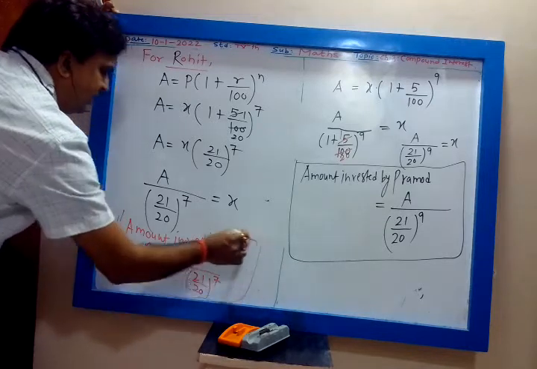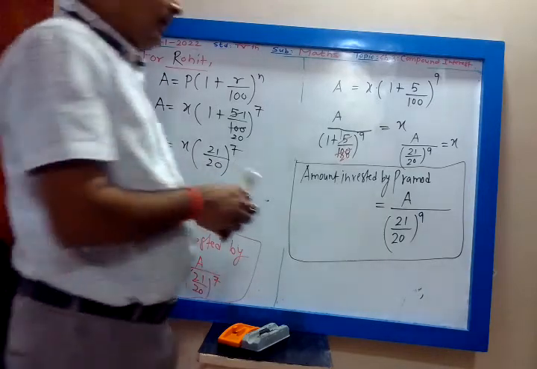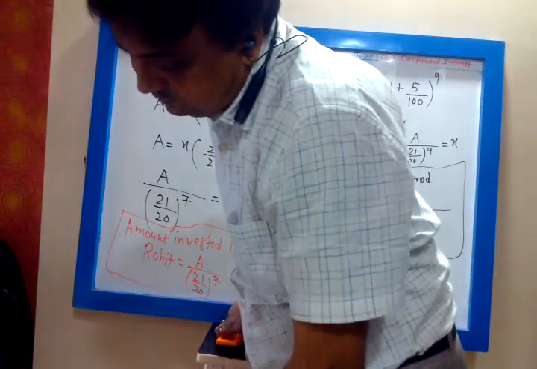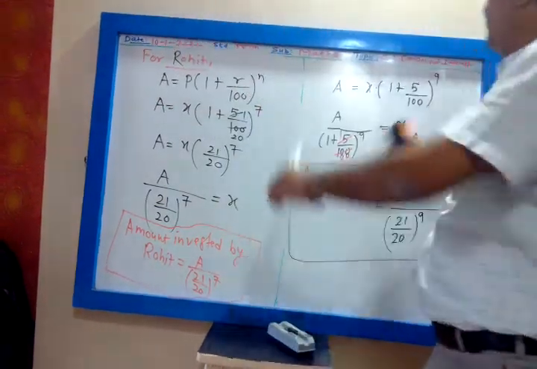Now we want to find the ratio of the amount invested by Pramod and Rohit.